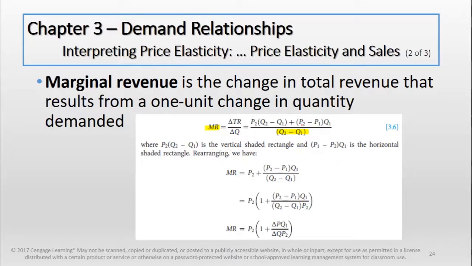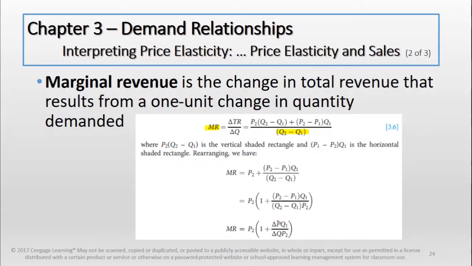If we rearrange this formula, you will arrive at the formula for your MR. You have your P2, or your new price, multiplied by 1 plus the change in quantity, P times Q1, over the change in quantity times P2.